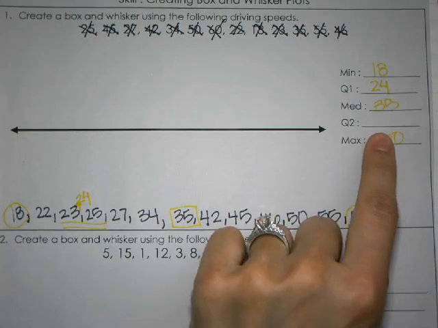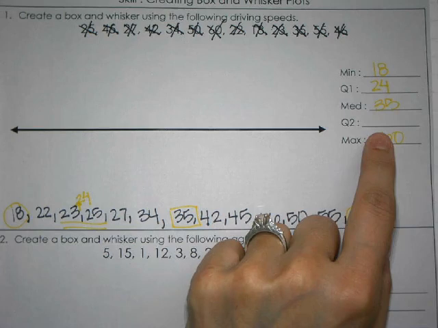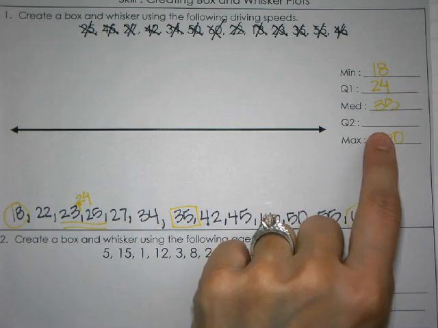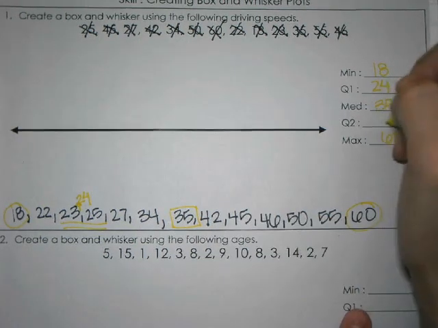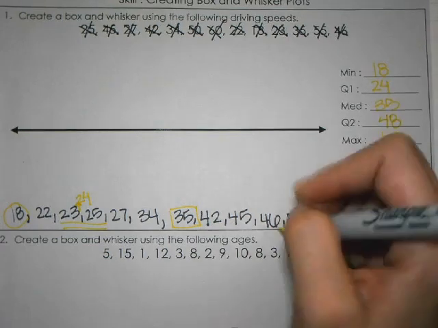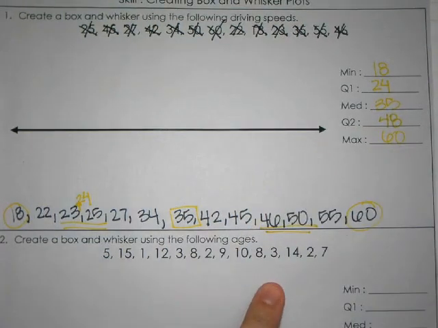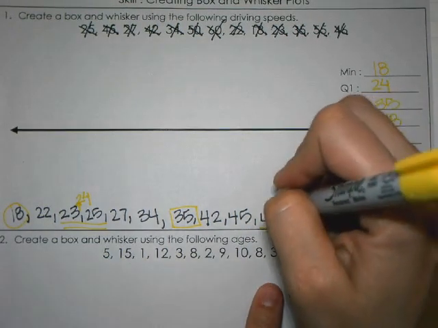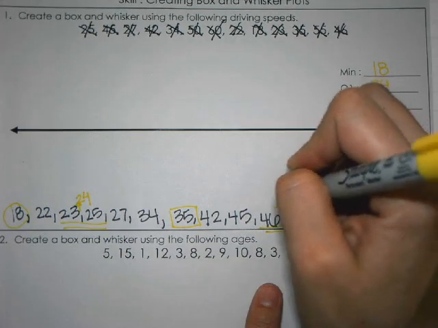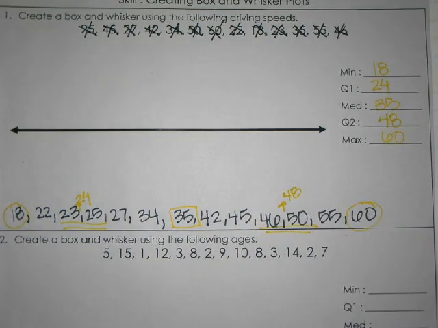What's quartile 2? I couldn't hear you. 48. Because you have 46 and 50 as your two middle numbers, and the number that's in the middle of them is 48. If you did 46 plus 50, divide by 2, you would get 48. Any questions on how we find those 5 numbers?